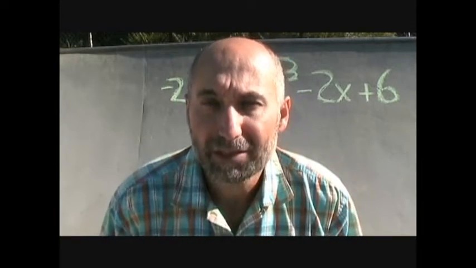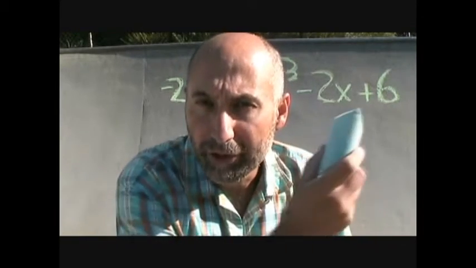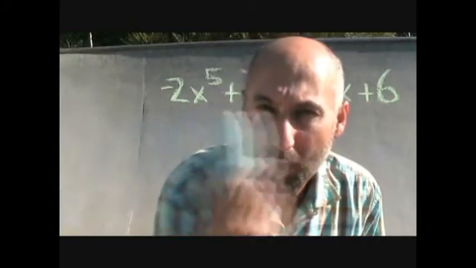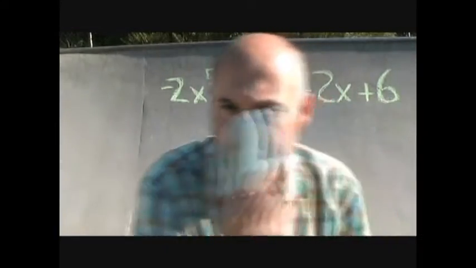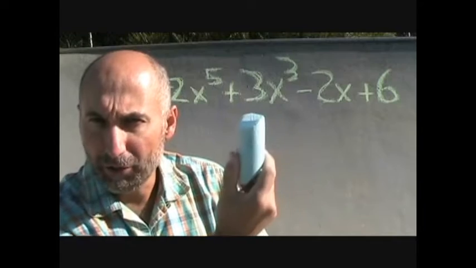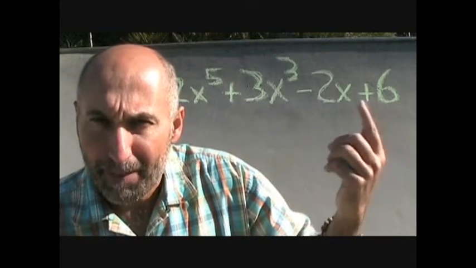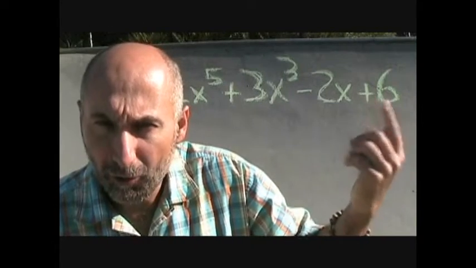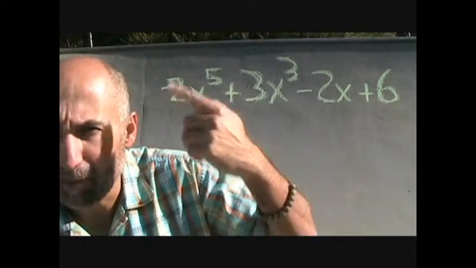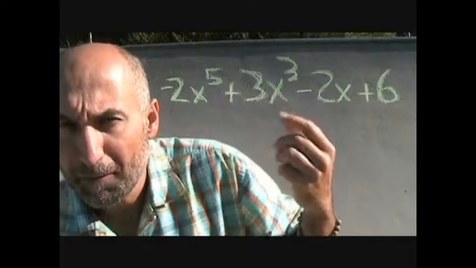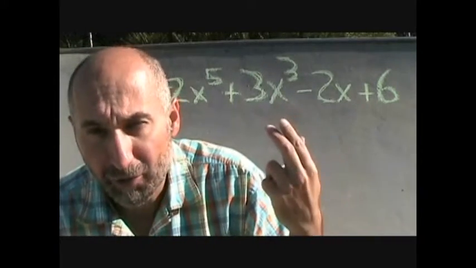And the way we're going to use synthetic division is we're going to take a guess as to what terms go into this polynomial. And the guesses that we're going to make are possible factors of this divided by possible factors of this. So the first terms, now there's a lot of choices for this, right?